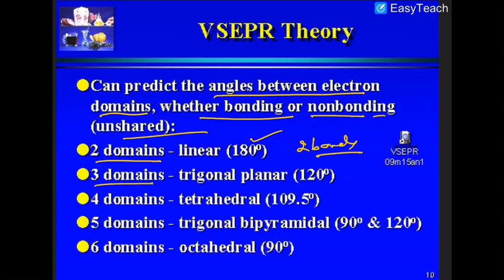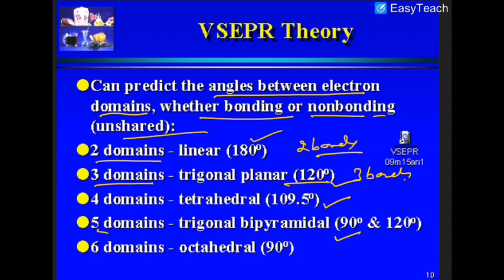If three domains, means three bonds are there, then 120 is the bond angle. If the number of bonds is 4, then the ideal bond angle is 109.5. If the number of bonds is 5.